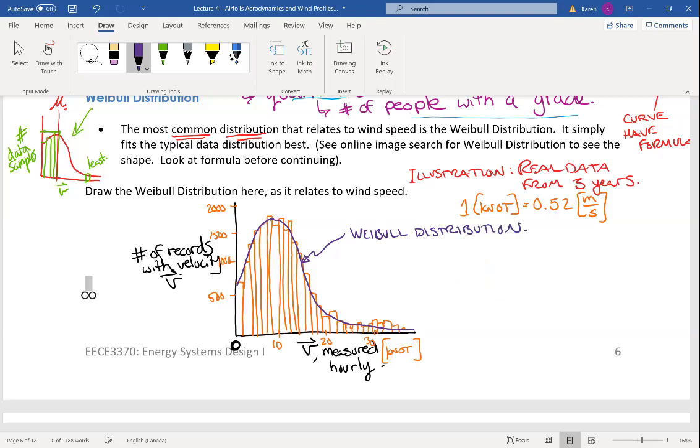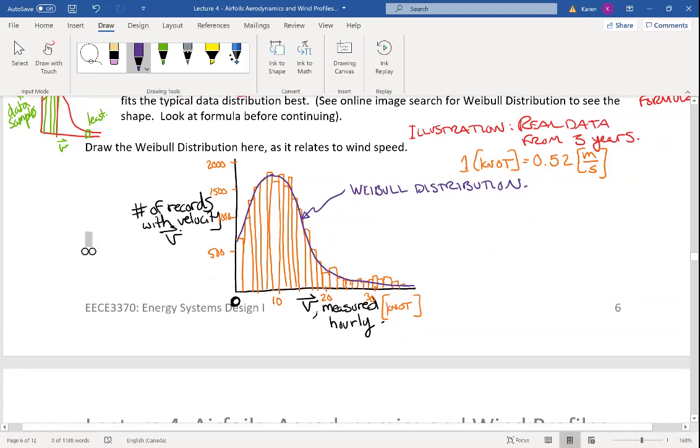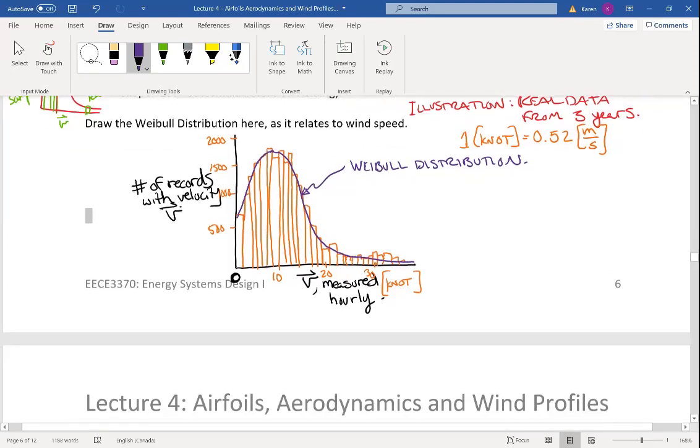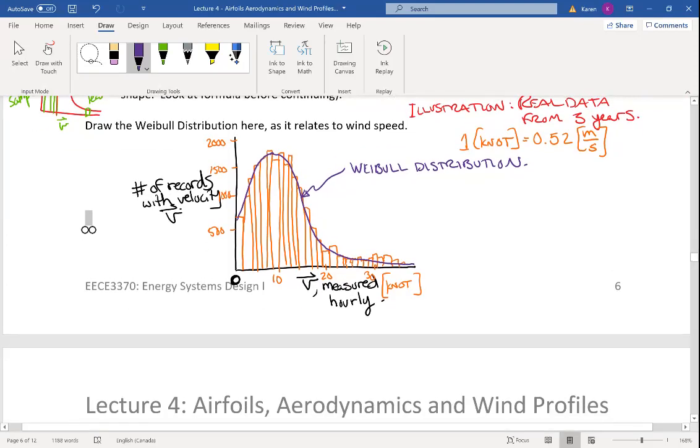All right, so the Weibull distribution is the most common distribution that represents the graph that shows the buckets of samples that you have measured at every velocity. So I hope that that's a good description of why we have this Weibull distribution that represents wind. The Weibull distribution has a formula.